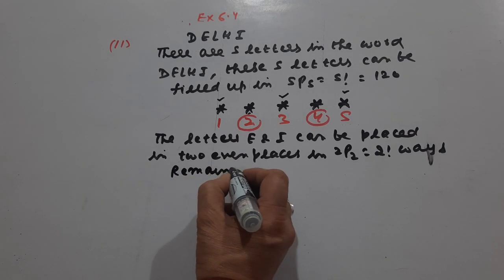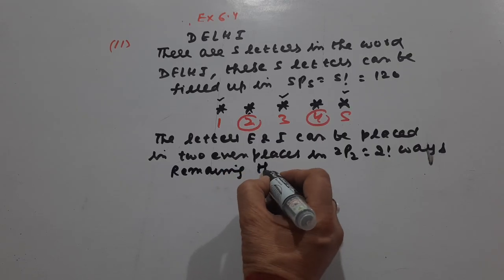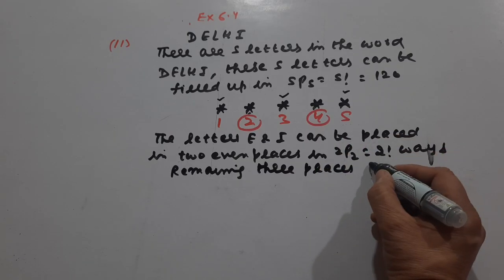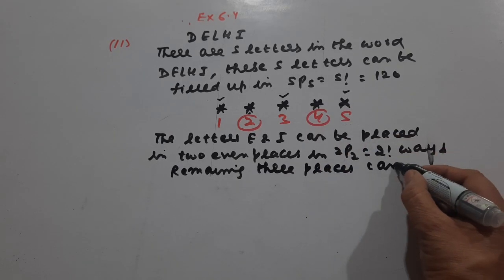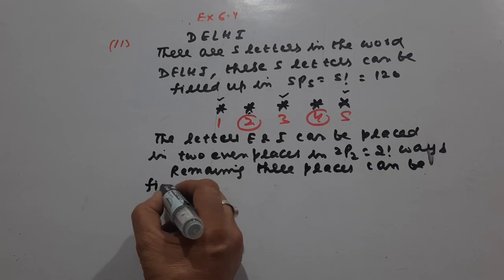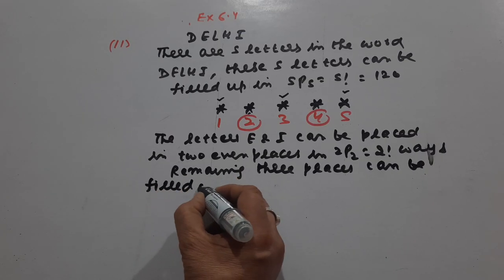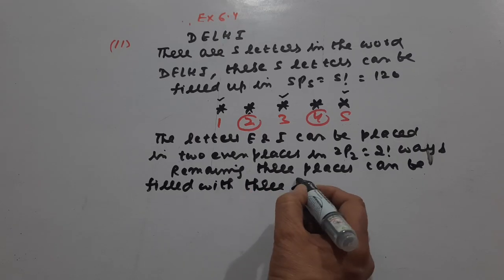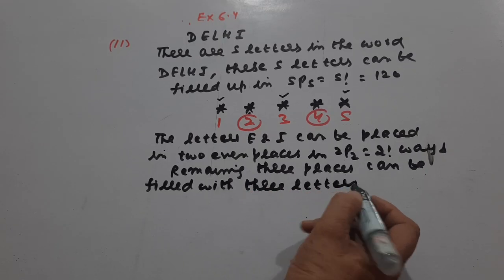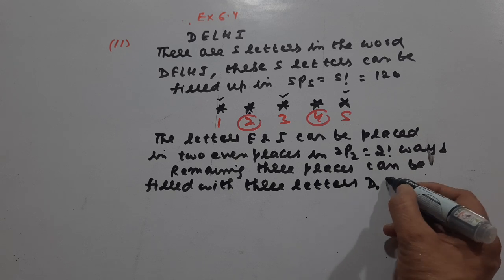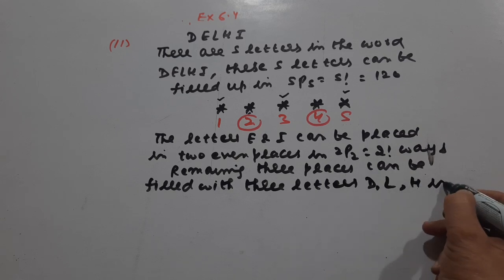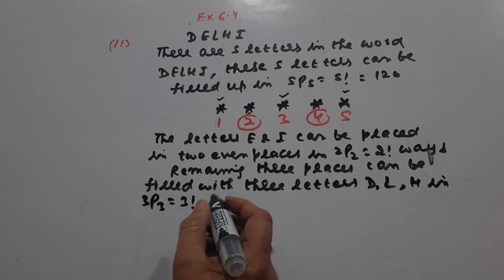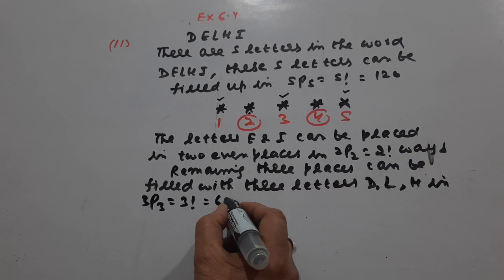So remaining 3 places, 1, 3 and 5, that is odd places, can be filled up with 3 letters D, L and H in 3P3 ways. Means 3 factorial means 6 ways.